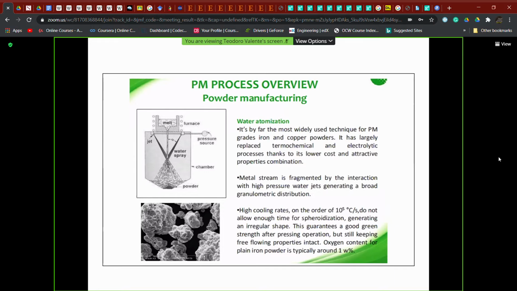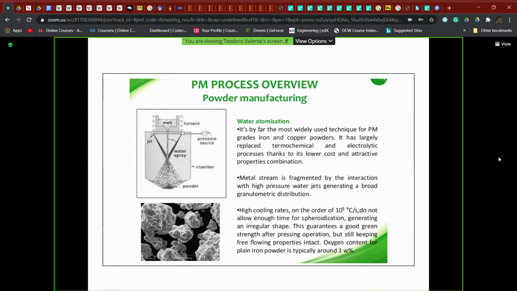In this case, we have a very high cooling rate due to the interaction between the melt and the water stream, on the order of 10^5 Celsius per second.